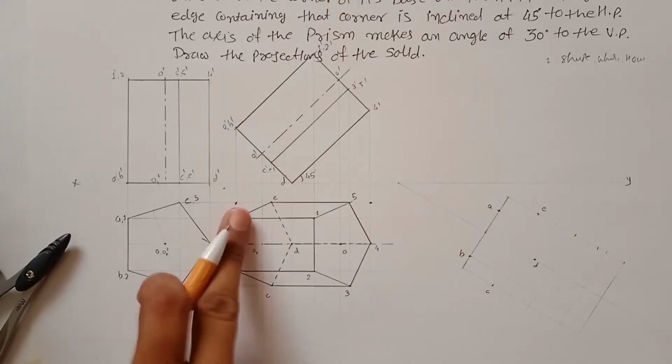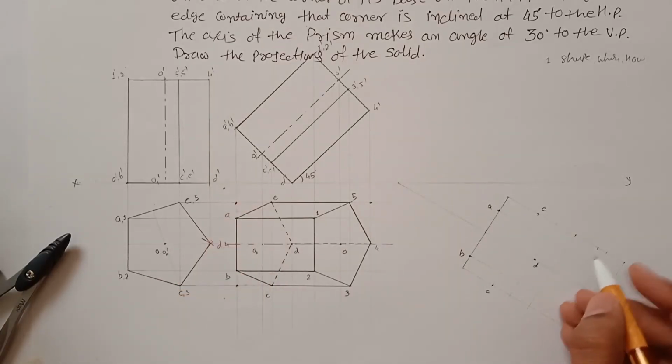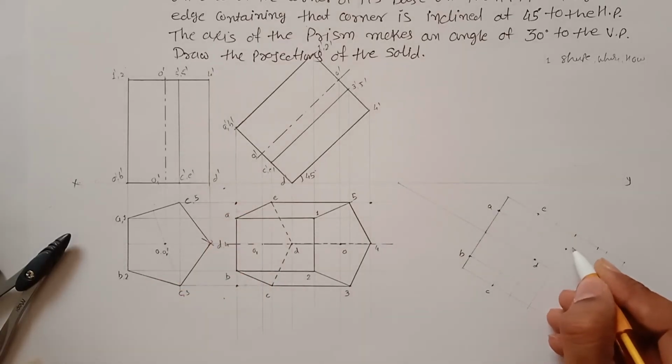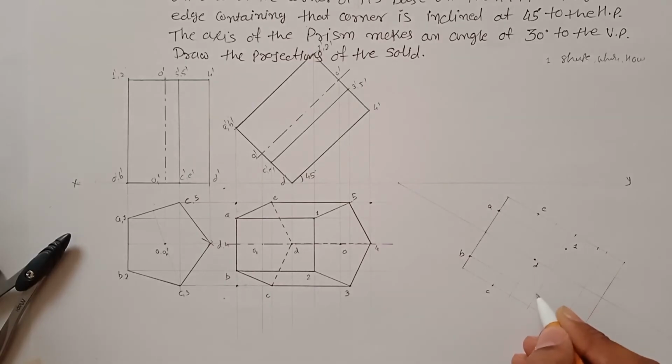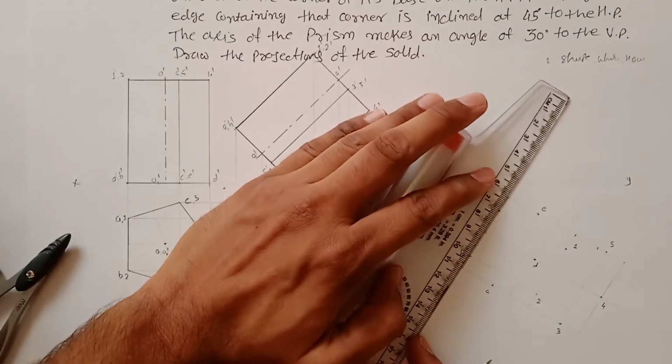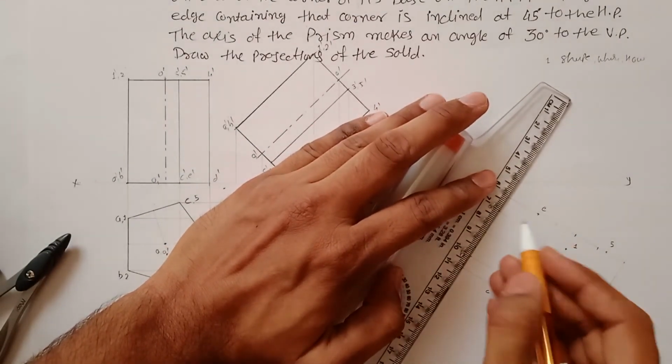So the first pentagon is over here, the second one is 1, 2, this point is 3, 4 and 5. Construct the whole pentagon here by joining them. Make sure that the hidden line is also drawn.